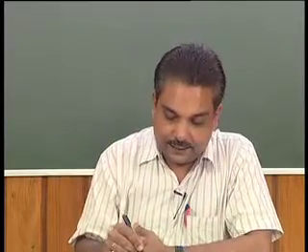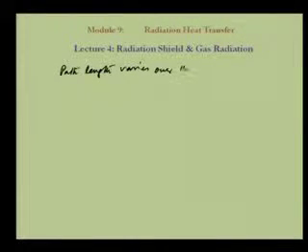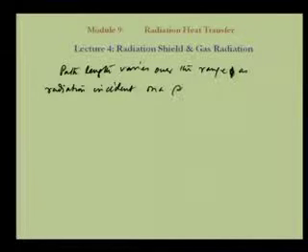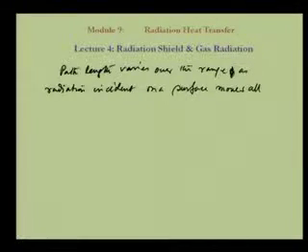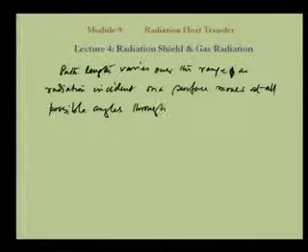So this path length varies over the range as radiation incident on a surface moves at all possible angles through the gas.